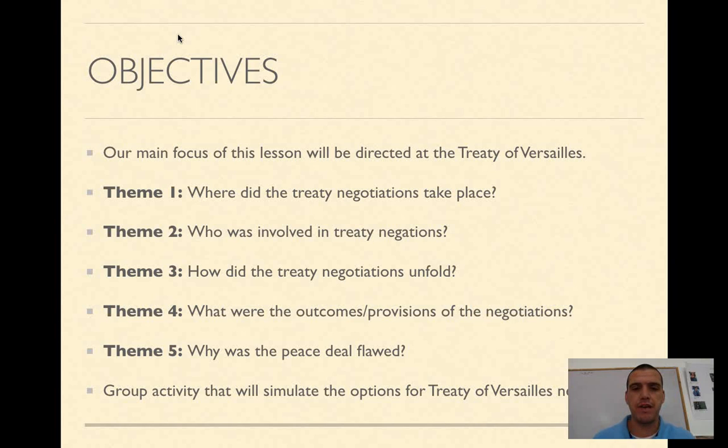And theme 5 we might come to in another lesson, because for this theme we could have an entire seminar or semester on why the Treaty of Versailles was flawed and how it can be blamed for the outbreak of World War II.